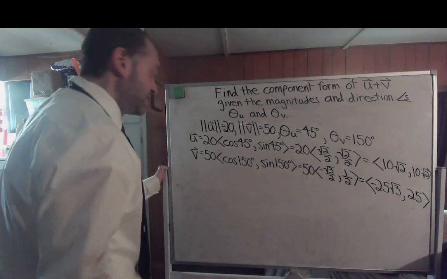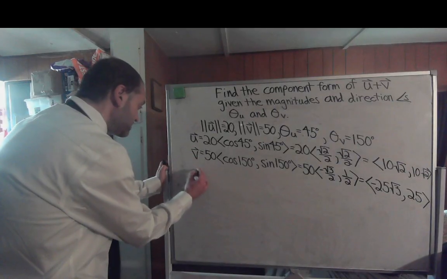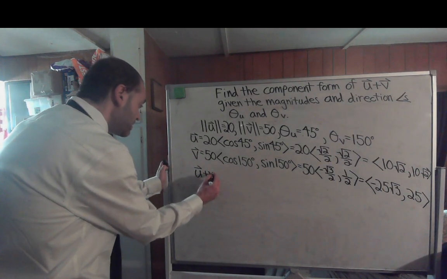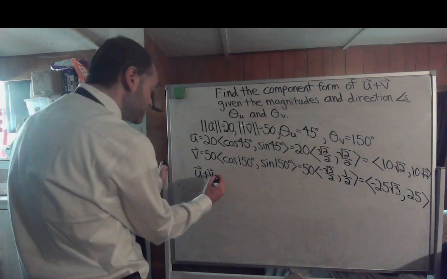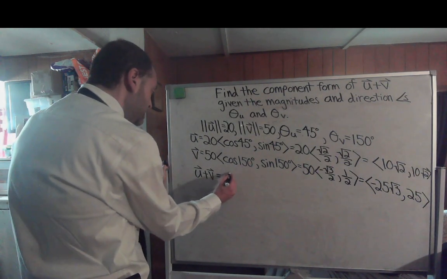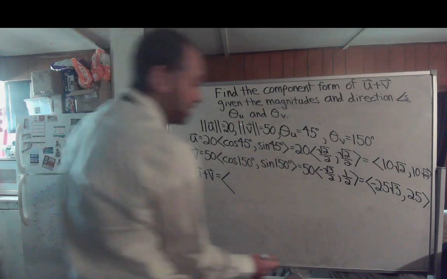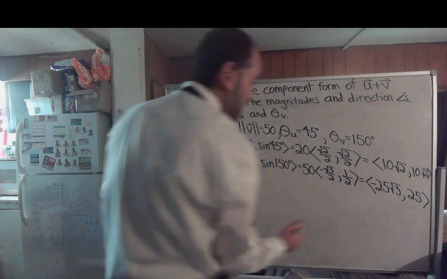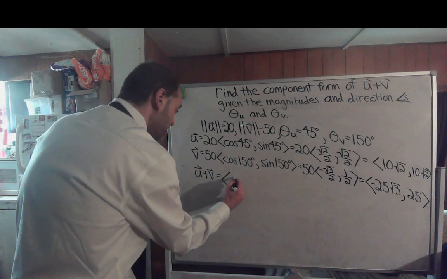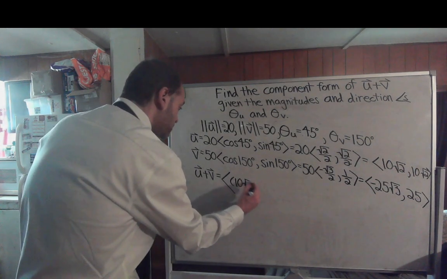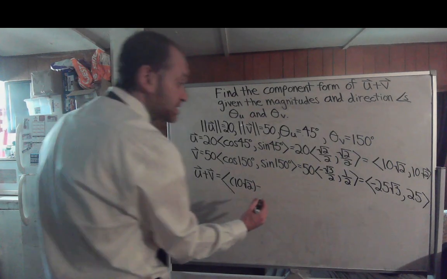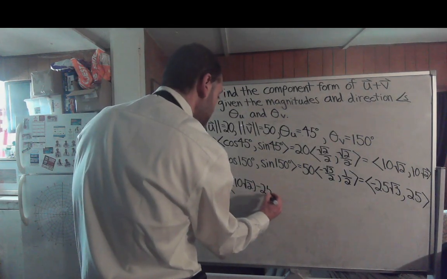So now we just need to add vectors u and v, and this is about to get to be real fun. We're going to have a very hideous result. In component form, you add your x components to each. You'll end up getting 10 times the square root of 2 minus 25 times the square root of 3.